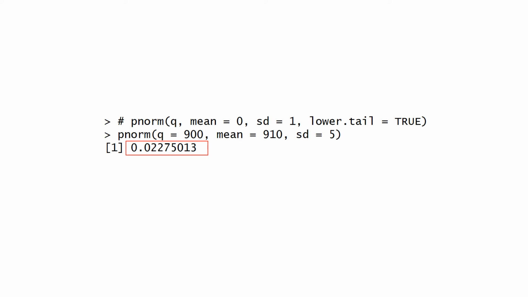In this problem, Q is 900, the mean is 910, the standard deviation is 5, and we're looking for the lower tail area, so we can leave the lower.tail argument out and use the default value of lower.tail equals true. The area shown in the red box is the answer. It's about 0.0228.